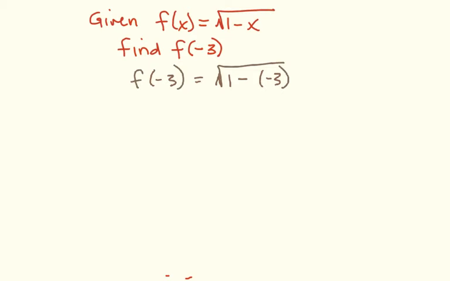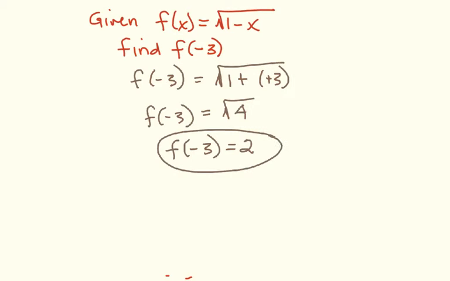And subtracting a negative is the same as adding a positive. So now we'll have function value at negative 3 is the square root of 4. And whenever we have a problem like this, we are looking for the principal square root. So f of negative 3 equals positive 2.